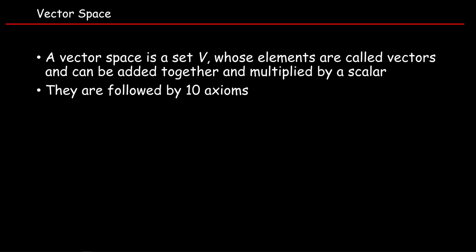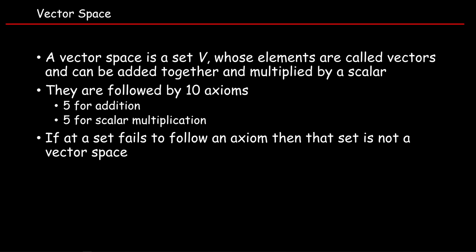But yeah, vector spaces must follow 10 axioms. 5 of them are from addition, and the other 5 are from scalar multiplication, since that's what you can do: add them together or multiply by a scalar. These simple things that you can do, adding and multiplying by a scalar, are very powerful and very useful when it comes to dealing with vector spaces.